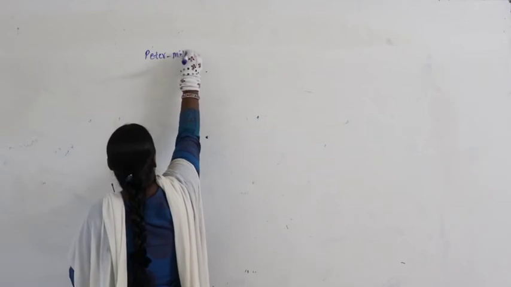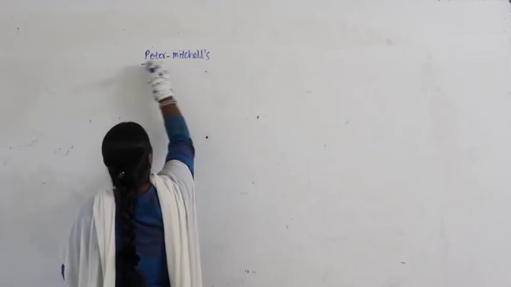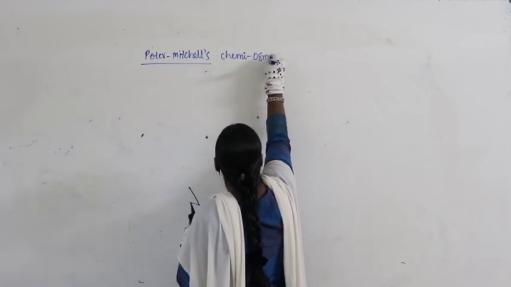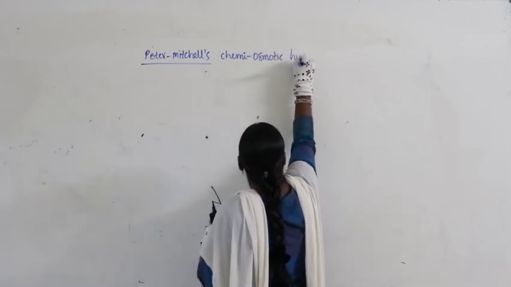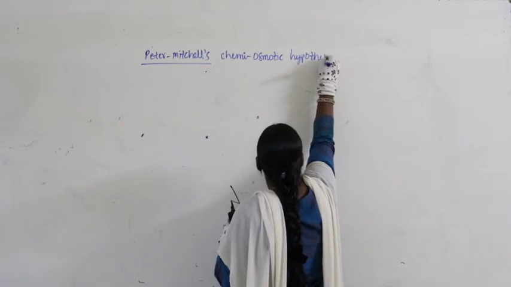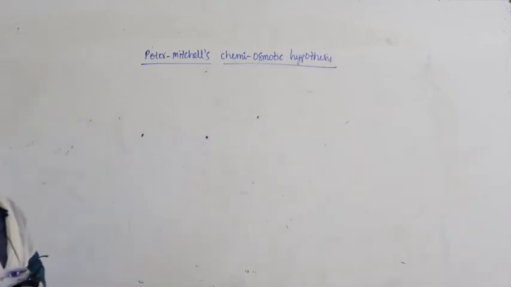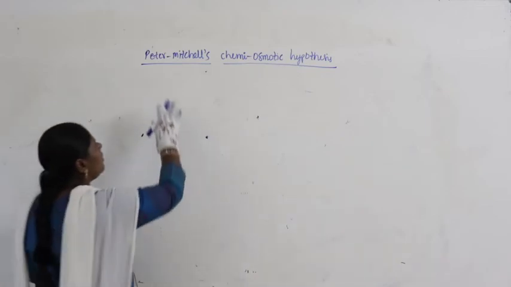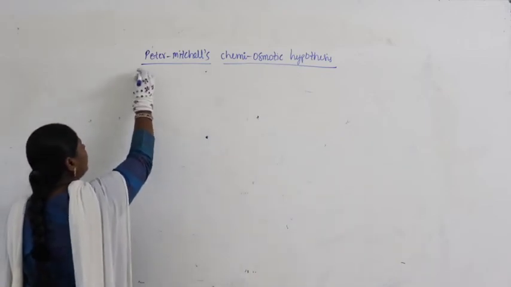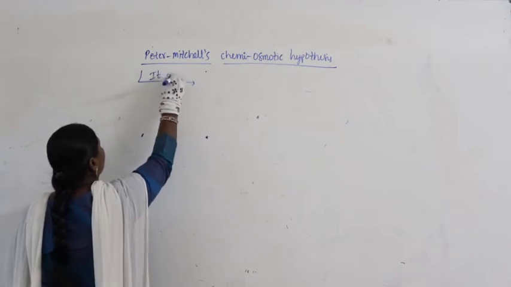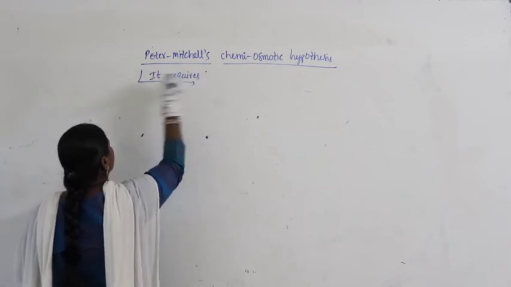So, here finally what we have to discuss is Peter Mitchell's chemiosmotic hypothesis. Now, listen carefully. To study the chemiosmotic hypothesis, what does it require?